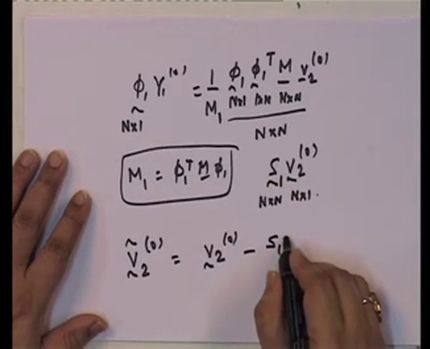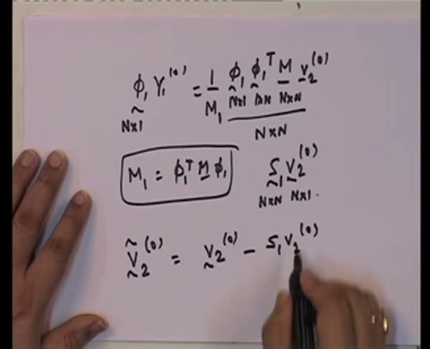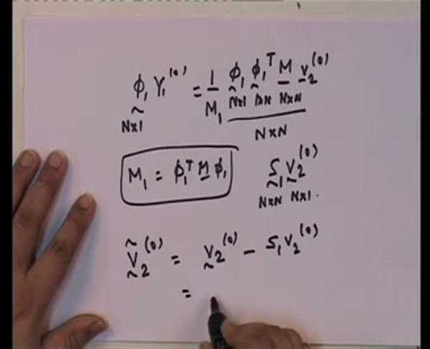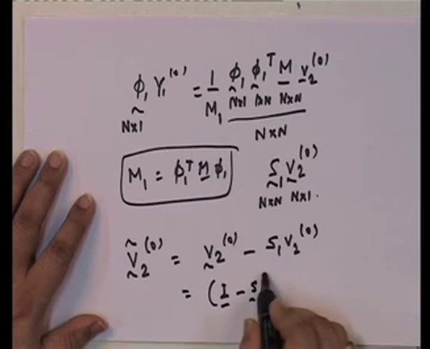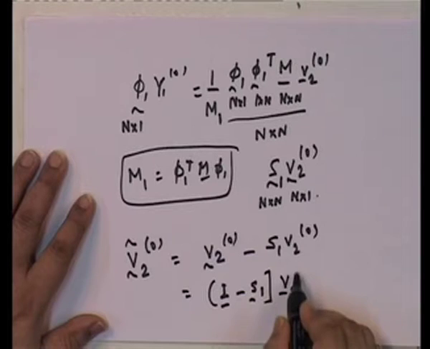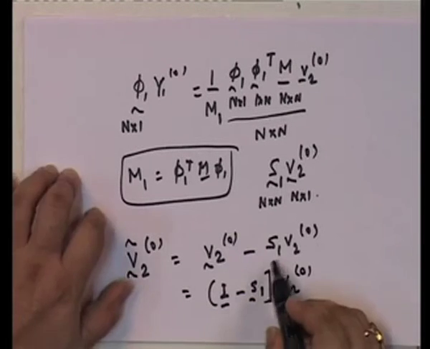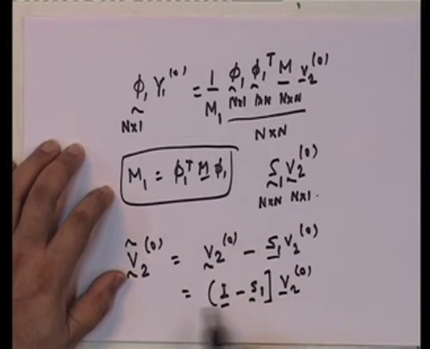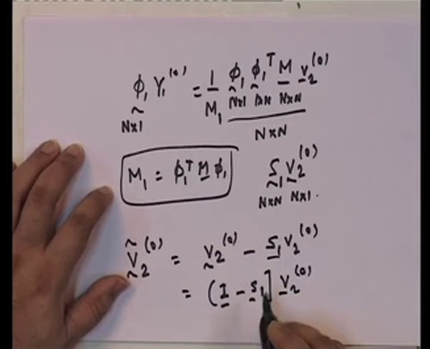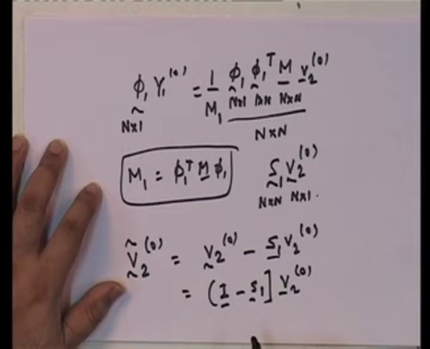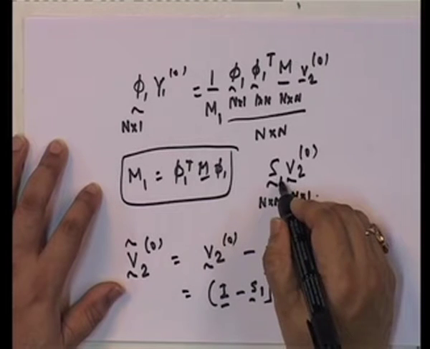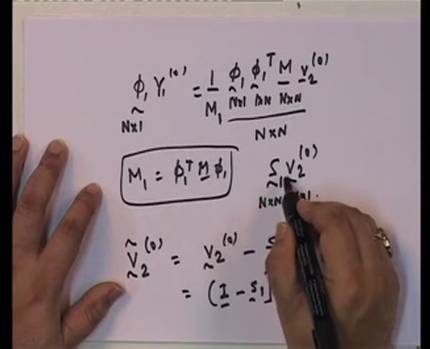So this I can call as I minus S1 into V2 0. Note that since this is n by n, I have to get an equivalent matrix. Okay. So, now if you look at this, okay, sorry, I will call this as S, right.